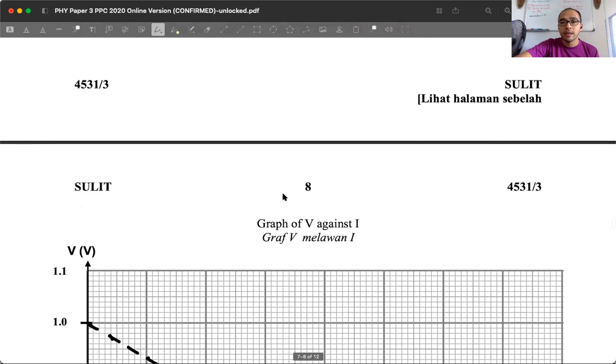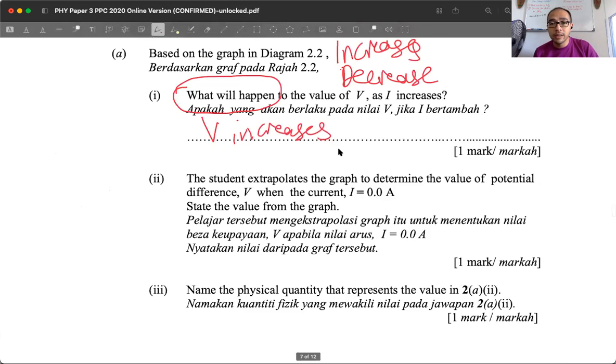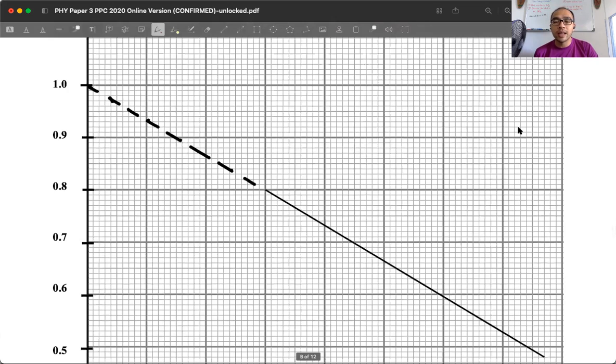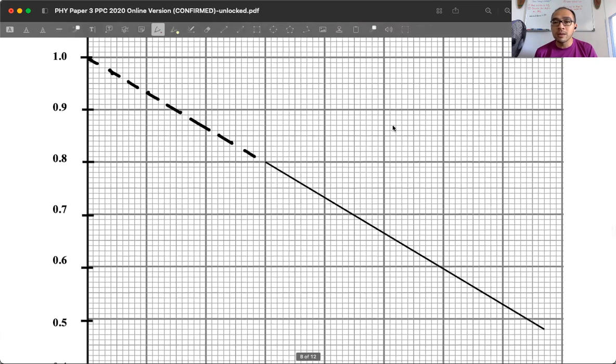Salah. The answer is V decreases. So my question is, how did you see this as V increase? It's so obvious, anybody can tell you that when I increases, V will decrease. Makin besar I, makin kurang lah V.